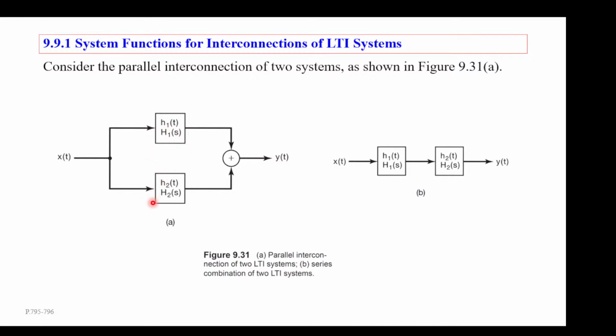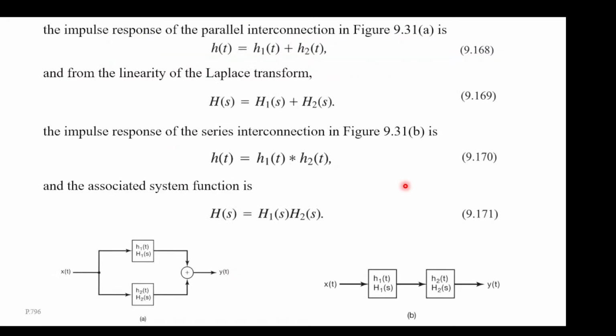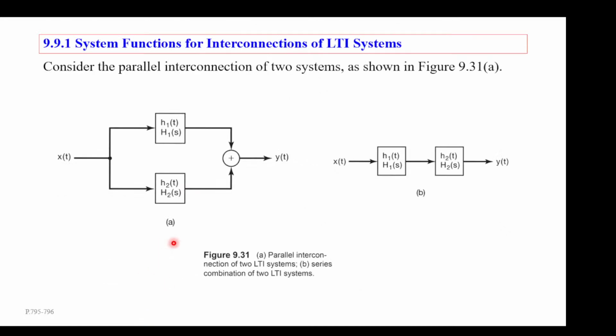So for example, we have these interconnections, this parallel interconnection and this series combination. From just the basic properties of the Laplace transform, we see that for a parallel interconnection, and here we are assuming everything is LTI, applying a system is just convolving with h1.